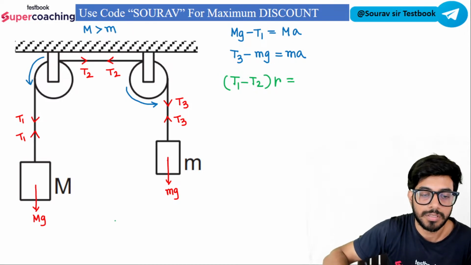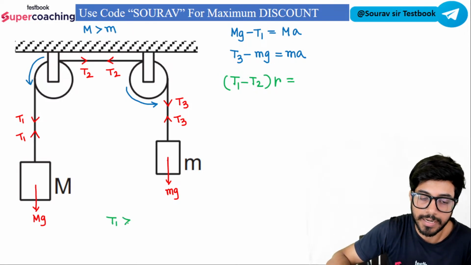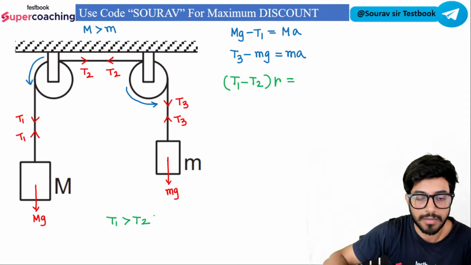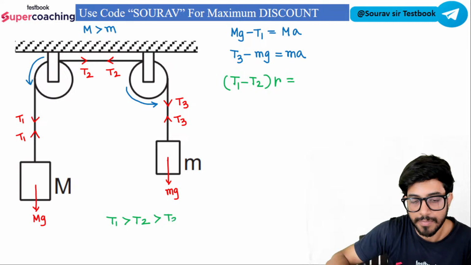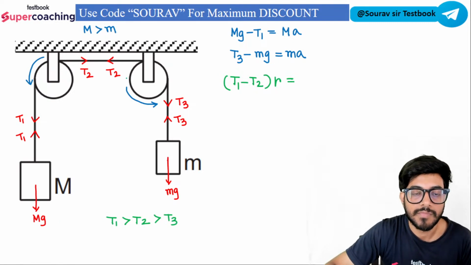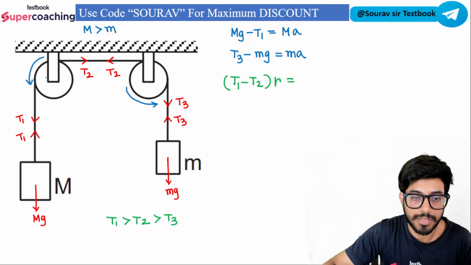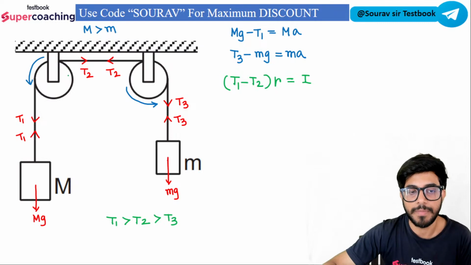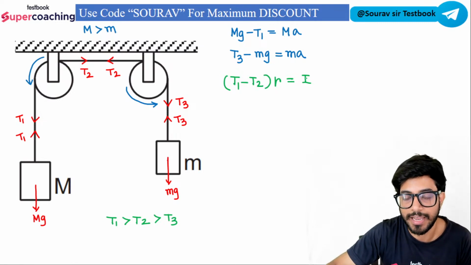I know that T1 is greater than T2, and this one is rotating along, so T2 is greater than T3. Good. So T1 minus T2 into R is equal to what? Moment of inertia of this one, I. They are identical pulleys, so the same moment of inertia, same radius, so I into alpha.